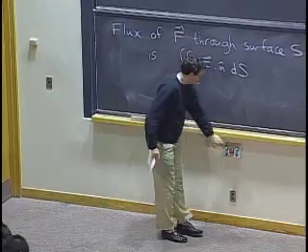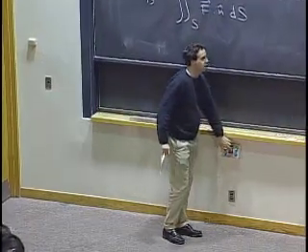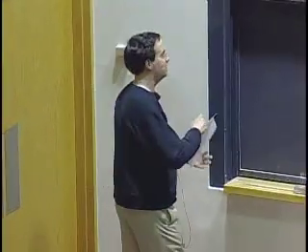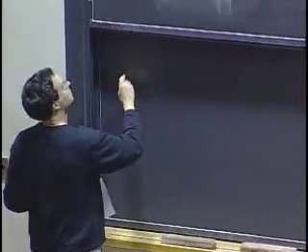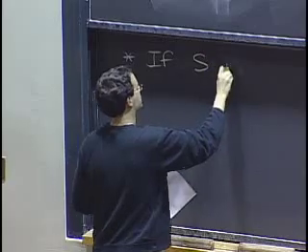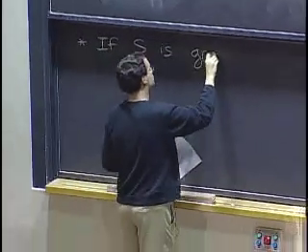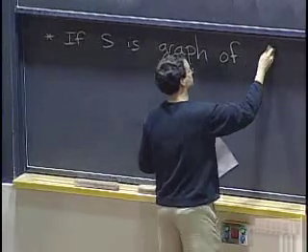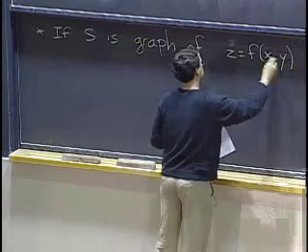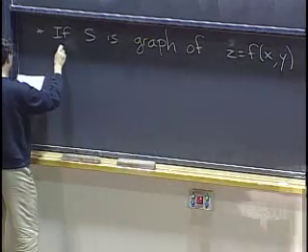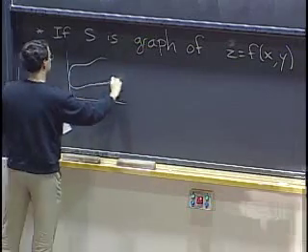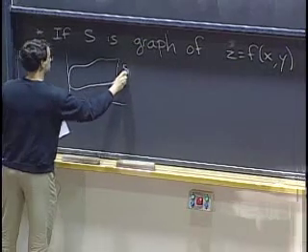So at the end of lecture, we saw a formula, and a lot of you asked me, how did we get it? Well, we didn't get it yet, so we're going to try to explain where it comes from and why it works. The case we want to look at is if S is the graph of a function, so it's given by z equals some function f in terms of x and y. So our surface is out here.